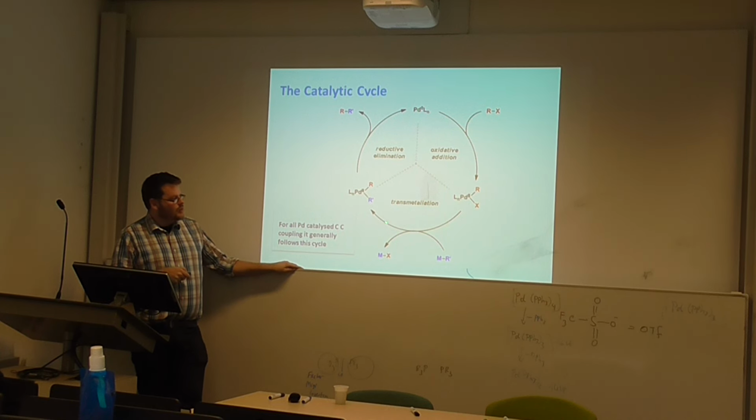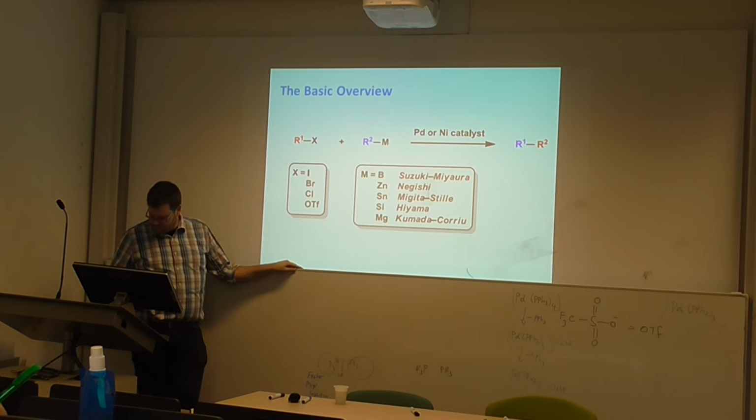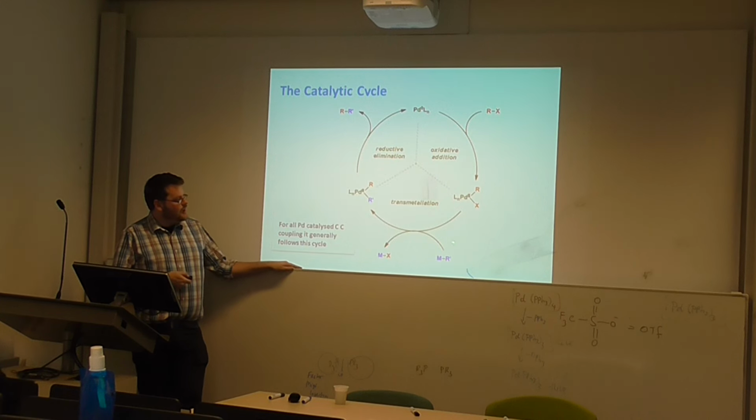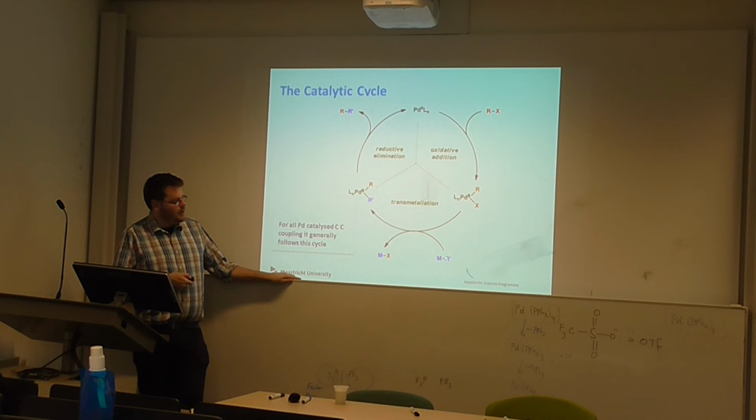You then get something called transmetallation. So we've now got a palladium X bond here, and now one of these reagents comes along. Remember, we have a variety of them. And it basically introduces the desired group that we want to couple to this red R onto the palladium center, and the final step is reductive elimination and regeneration of the active catalyst.